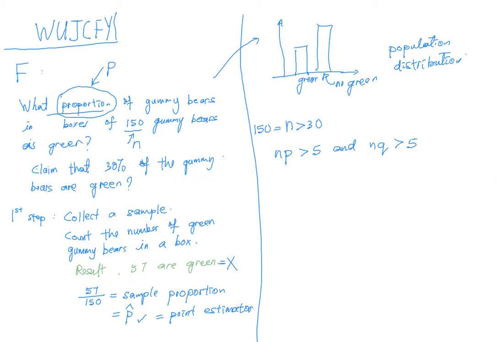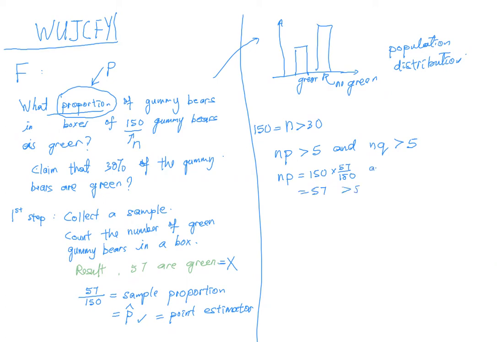N is 150. We check the first one, np. It's 150 times 57 over 150. So we got 57. Fair, more than 5.